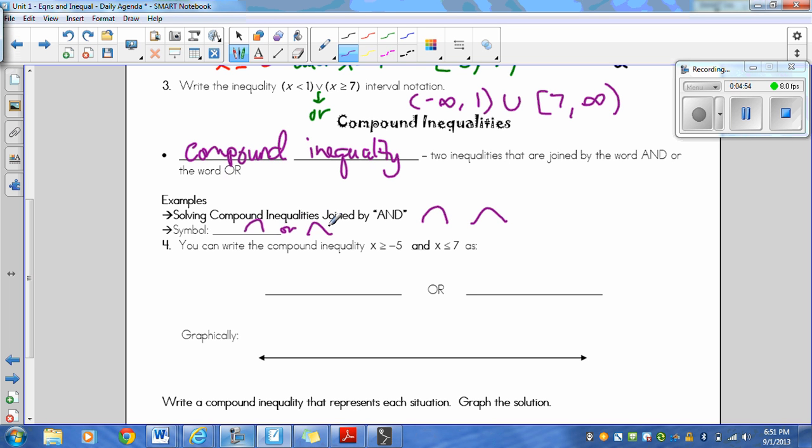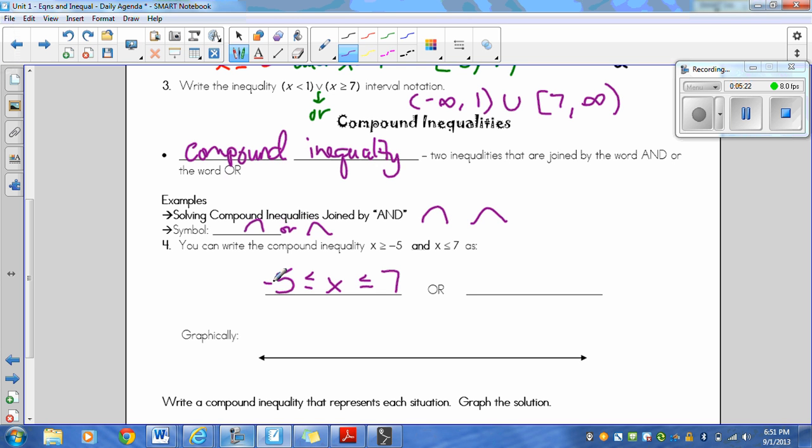You can write the compound inequality as x is greater than or equal to negative 5 and x is less than or equal to 7. Or you could write it where you put them all together. I just have kind of smushed them together: negative 5 is less than or equal to x, which is less than or equal to 7.